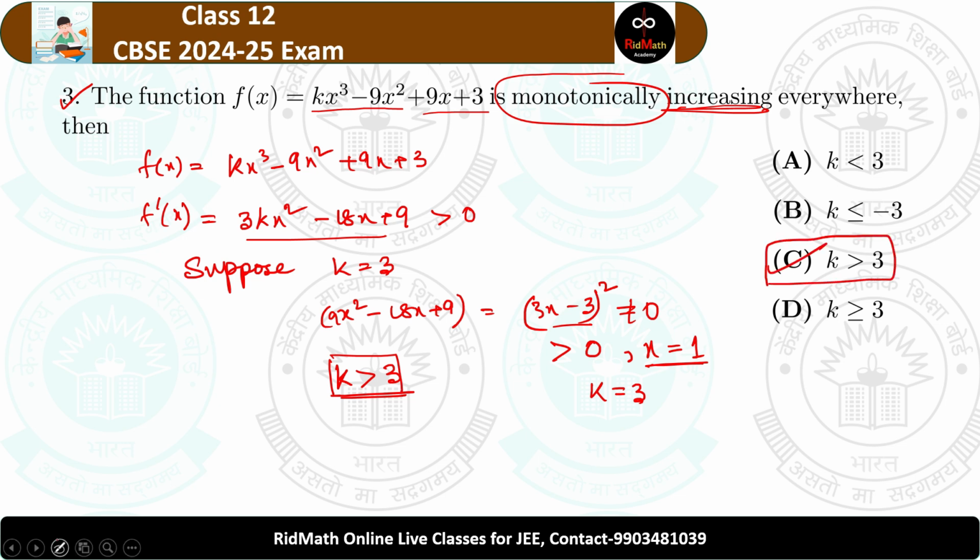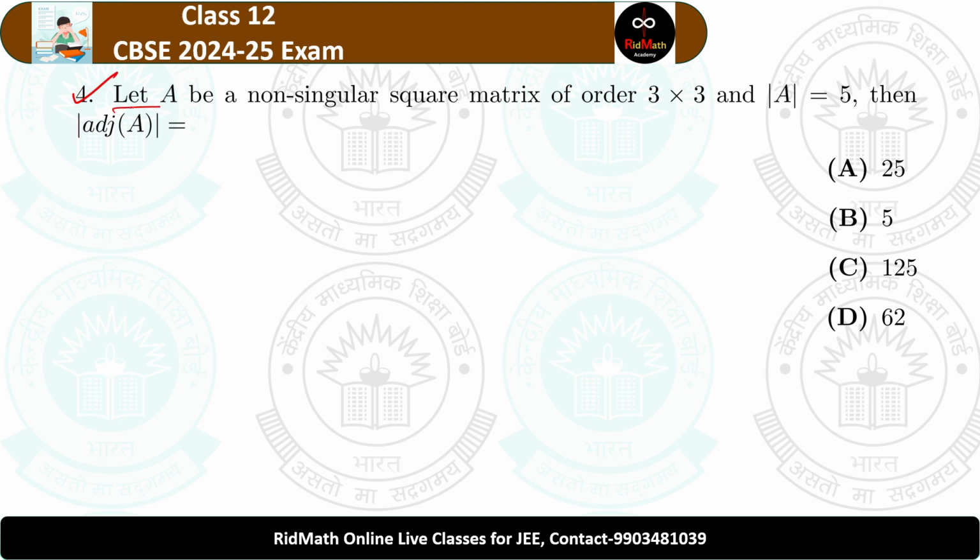Next problem, question number 4. Let A be a non-singular square matrix of order 3 cross 3 and det A equal to 5, then the determinant of adjoint of A. So this is a non-singular matrix, that means det A is not equal to 0, and here it is given that det A equal to 5.